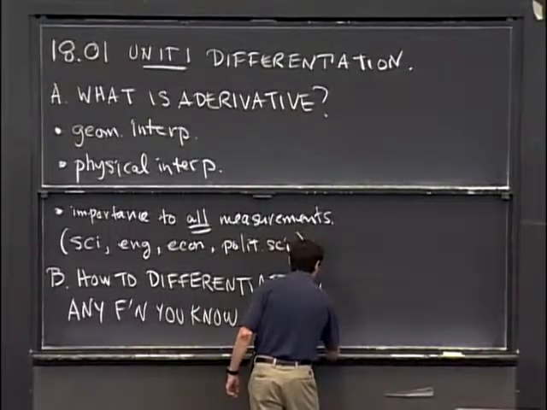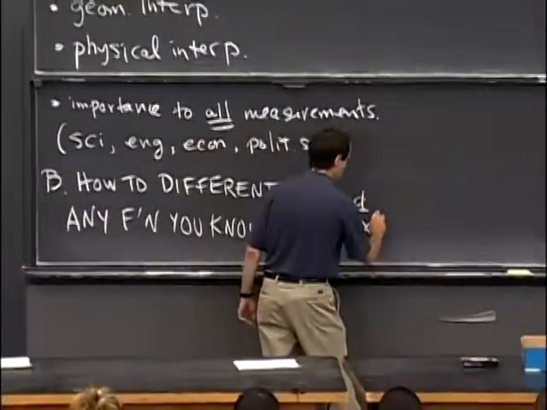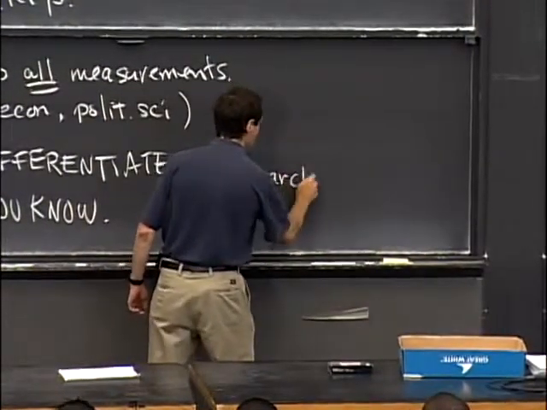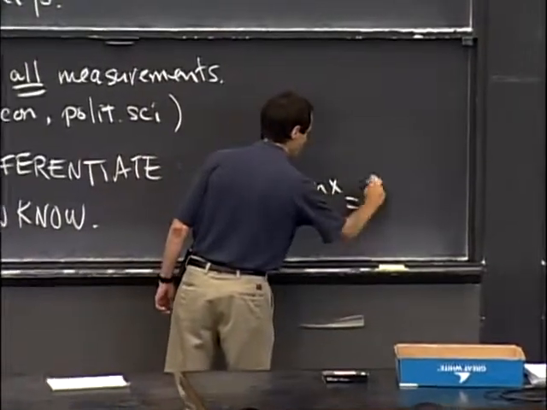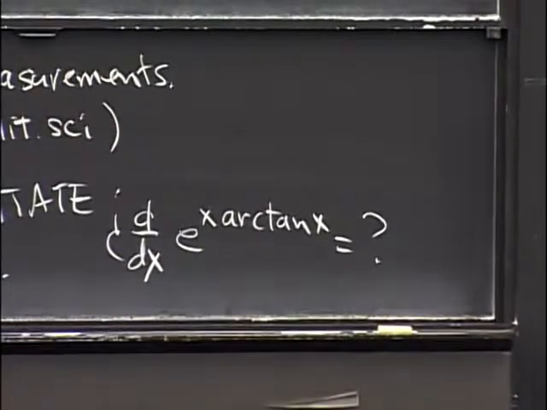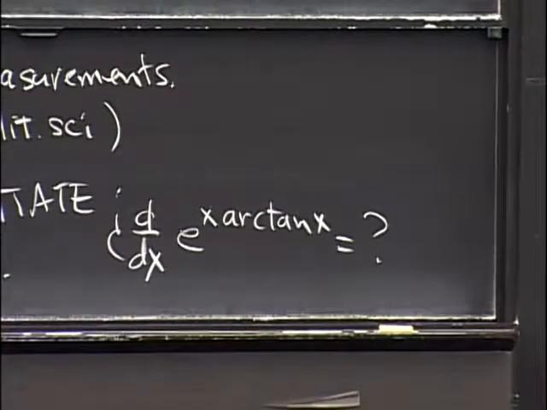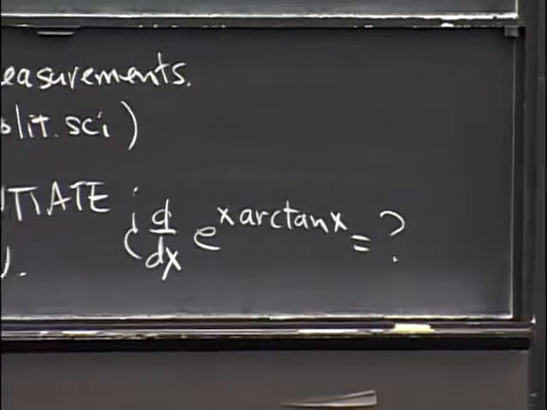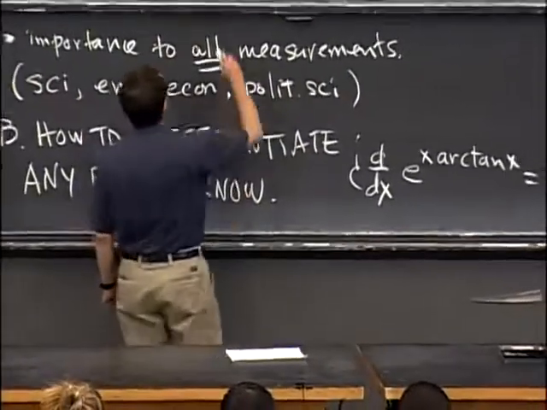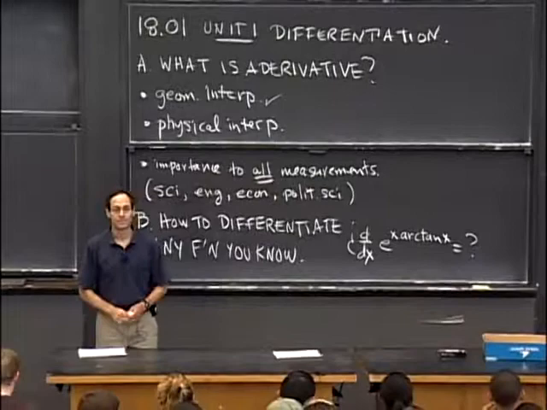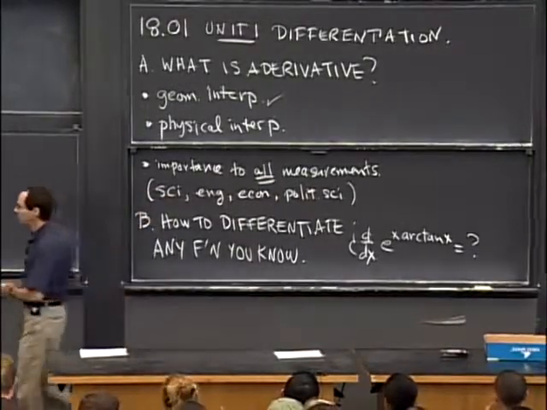If you want to take the derivative, this we'll see today as the notation for the derivative of something, of some messy function like e to the x arctan of x, we'll work this out by the end of this unit. All right? So anything you can think of, anything you can write down, we can differentiate it. All right, so that's what we're going to do. And today, as I said, we're going to spend most of our time on this geometric interpretation. So let's begin with that.